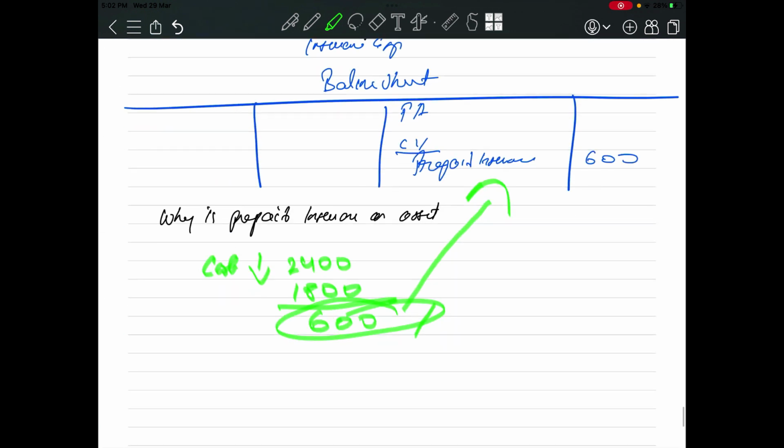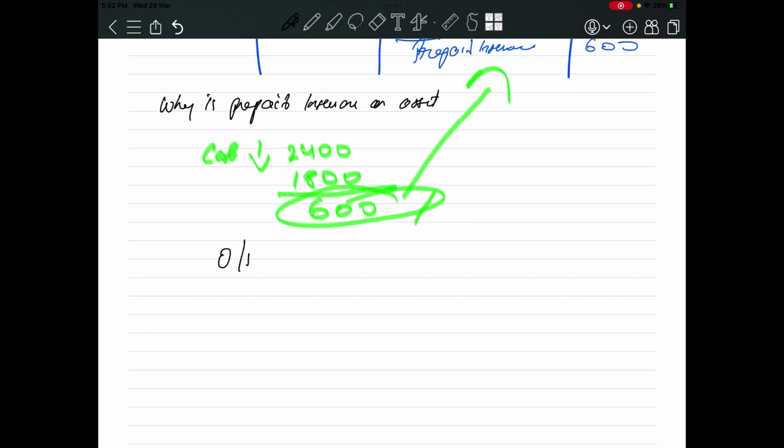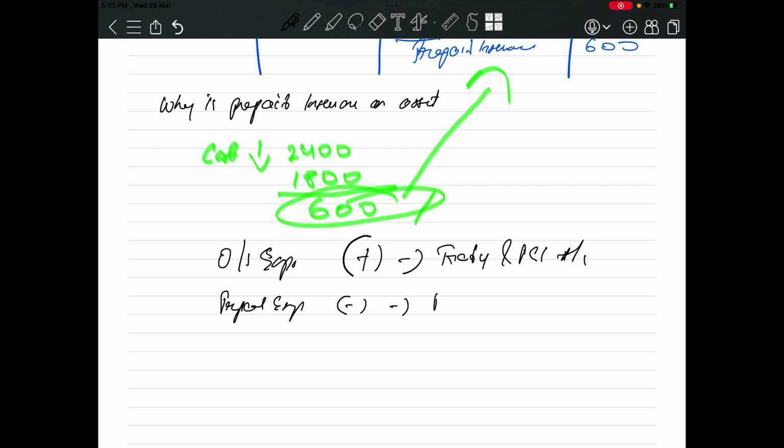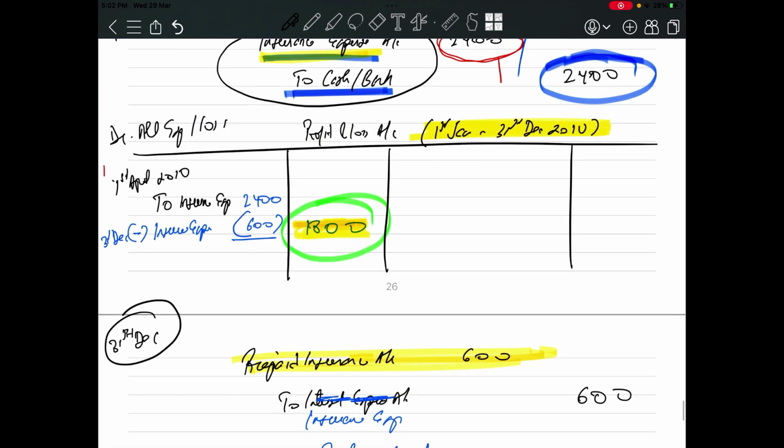Now see, what will normal students do? Other students will say if there are outstanding expenses, you will have to add them in your trading or P&L account, and if there are any prepaid expenses, you will have to deduct them from your P&L account. This is not how you should understand things. See, outstanding expenses.